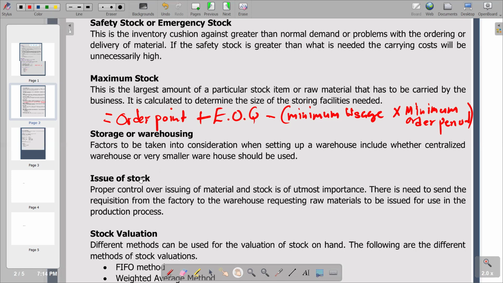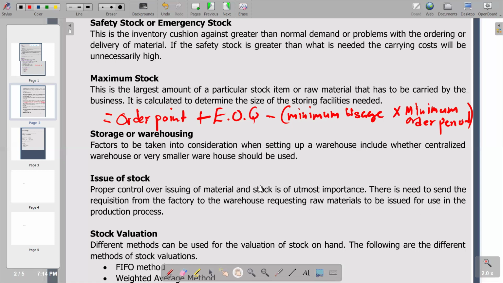And we go to issue of stock, whereby proper control over issuing of material and stock is of utmost importance. There is a need to send a requisition from the factory to the warehouse, requesting raw materials to be issued for use in the production process.